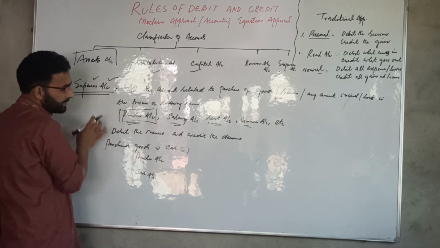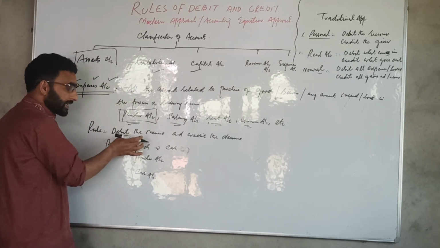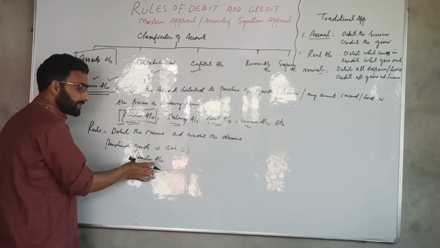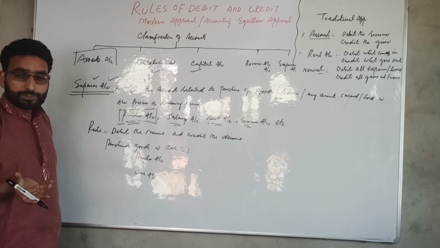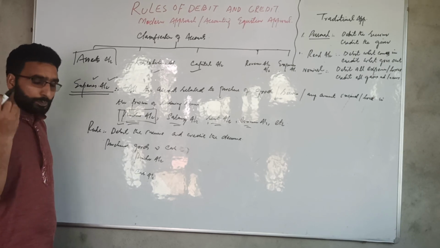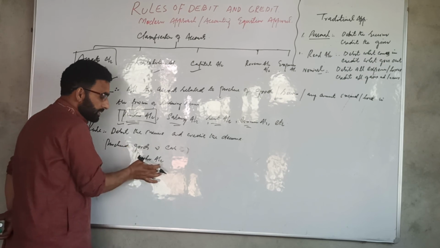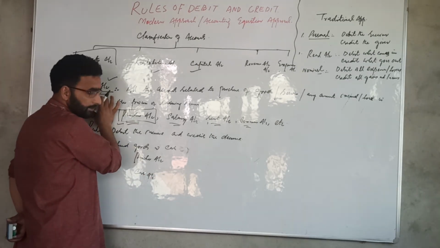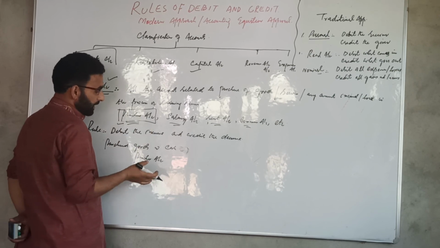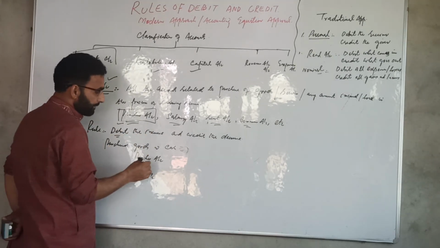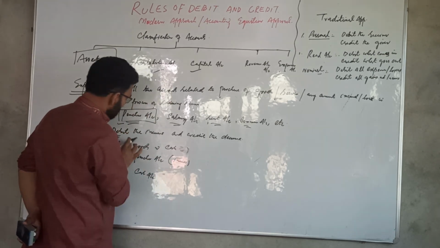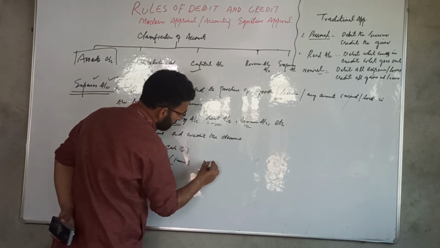Purchase account is expenses account. When there is any increase in expenses, its account is debited. So the increase in purchase is treated as expenses here, so its account is debited.